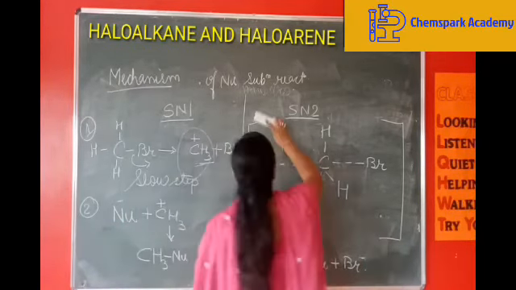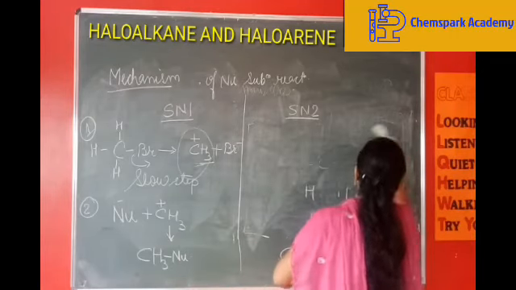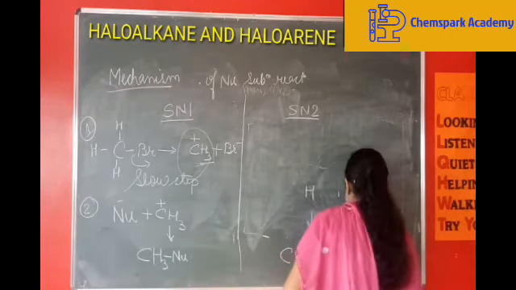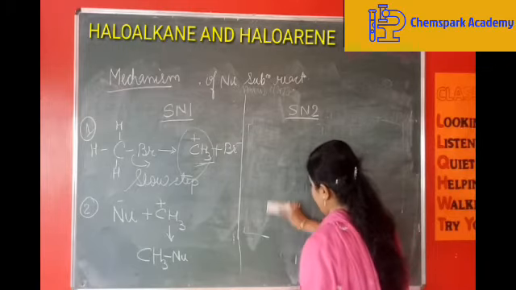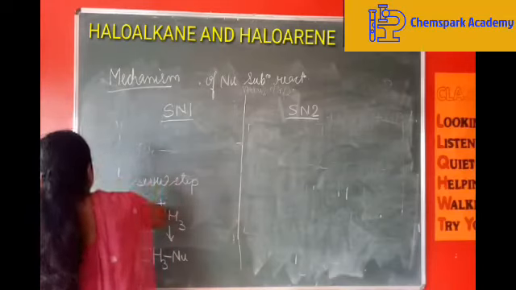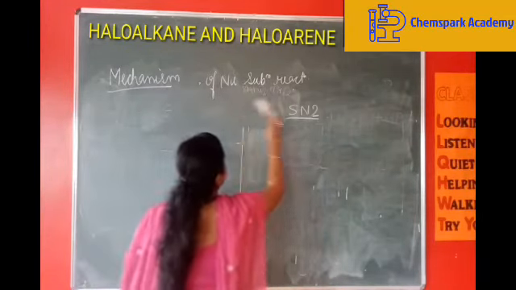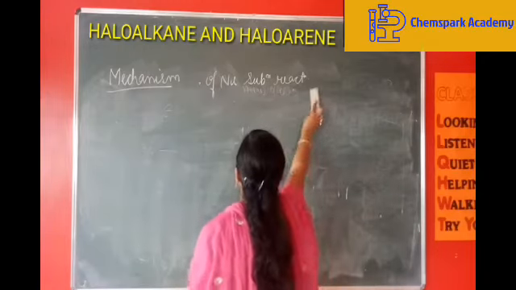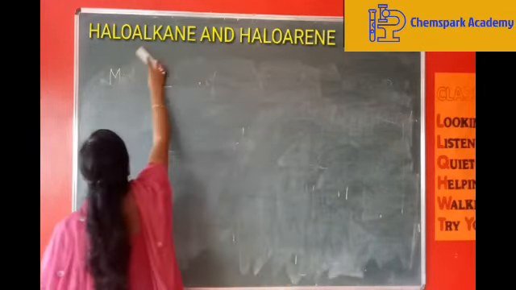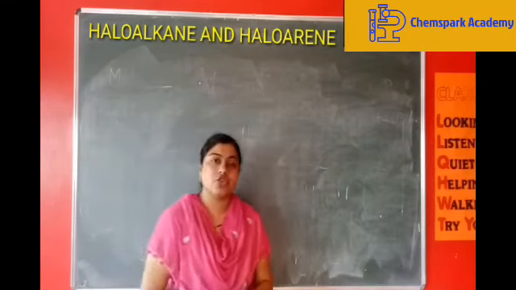So if we talk about the reactions SN1 and SN2, we can see that there are differences in the mechanism of the reactions. In the next lecture, we will start with the difference between these two mechanisms, that is SN1 and SN2.